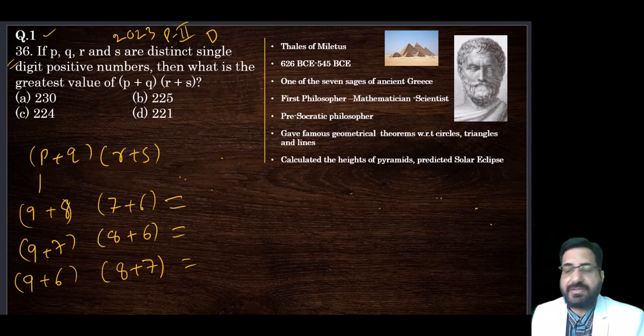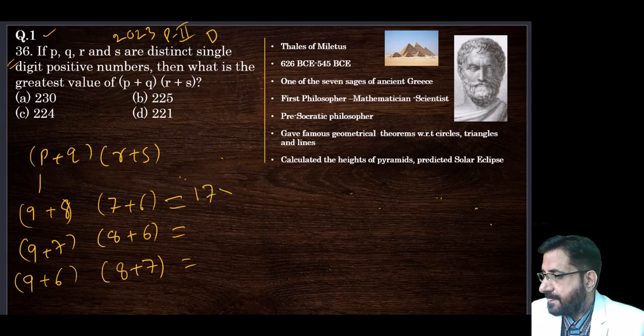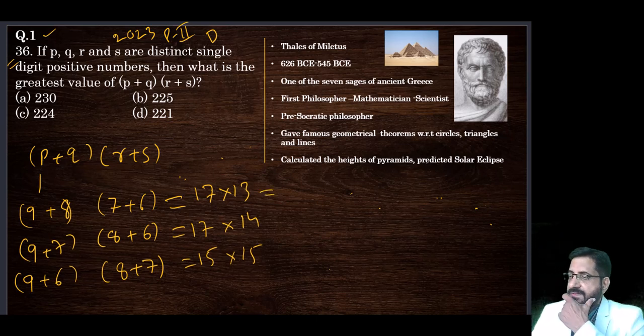9 plus 8 is 17. 7 plus 6 is 13. See how to do multiplication and addition, these are all very simple things. How do you multiply this?